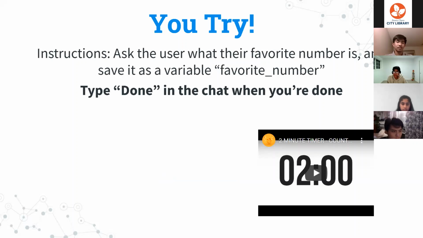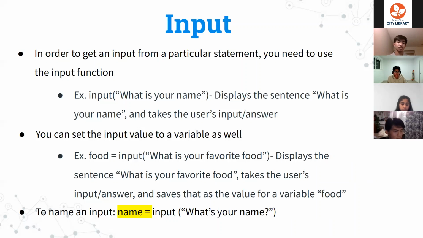For naming an input, we're gonna write name, and then whatever name you set for the input, it could be anything. It could be whatever the answer that you expect back from them. If you're expecting a type of food, you might want to set it to favorite_food equals input, and then your question.